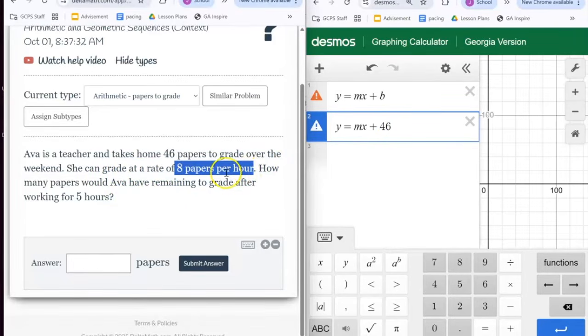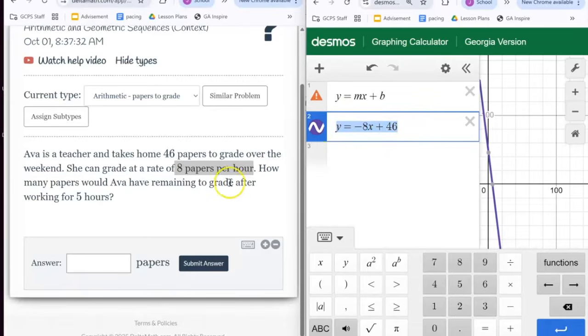So hour 1, 8 papers, hour 2, 8 papers, hour 3, 8 papers, hour 4, 8 papers. So that's my slope. Now, as I'm grading, does that make the total papers I have go up, or does it make it go down? You should have said go down, obviously, because if I grade a paper, how do I now have more papers? I've already graded. So going down, my slope is negative.